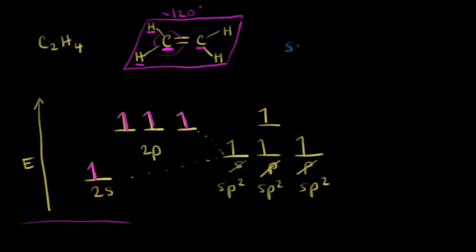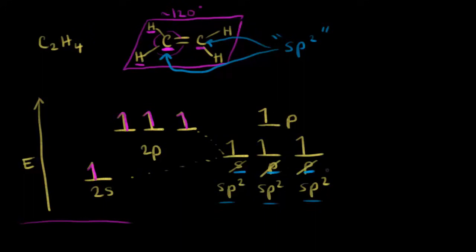So this is sp² hybridization, because we're using 1 s orbital and 2 p orbitals to form our new hybrid orbitals. And so this carbon right here is sp² hybridized, and same with this carbon. All right, so notice that we left a p orbital untouched, so we have a p orbital unhybridized like that.